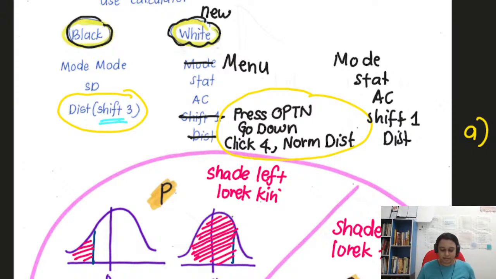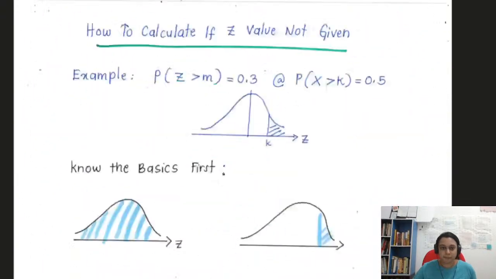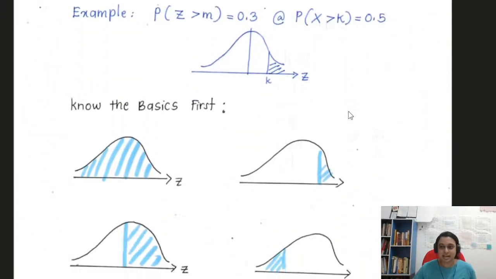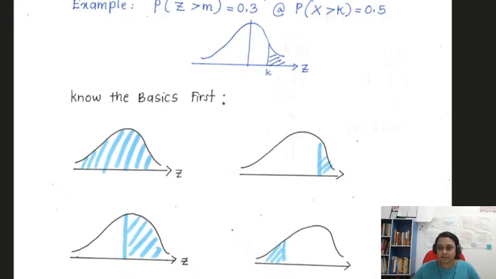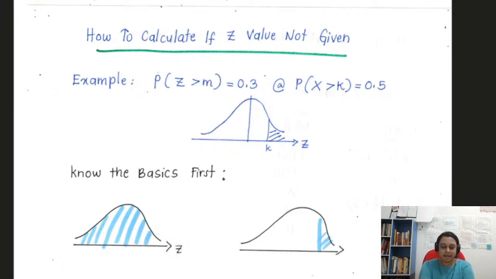Okay, today we go to how to calculate the value if Z is not given. Now Z is not given. First, before we start, teacher wants you all to understand this first.